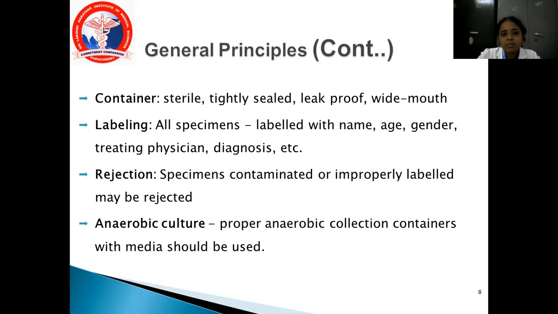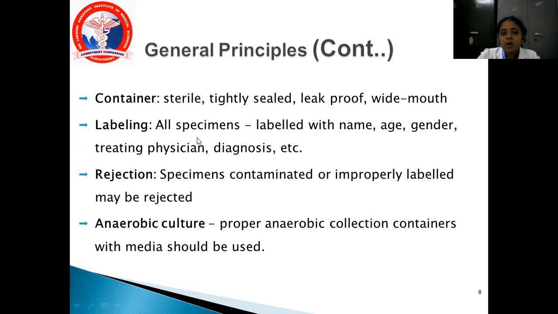General principles for containers: what containers should be used? A sterile, tightly sealed, leak-proof, wide-mouth container should be used. After taking the sterile container, labeling is very important. Before collecting the sample, labeling should be done.